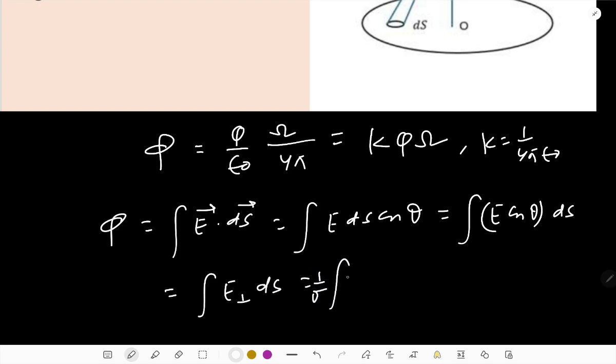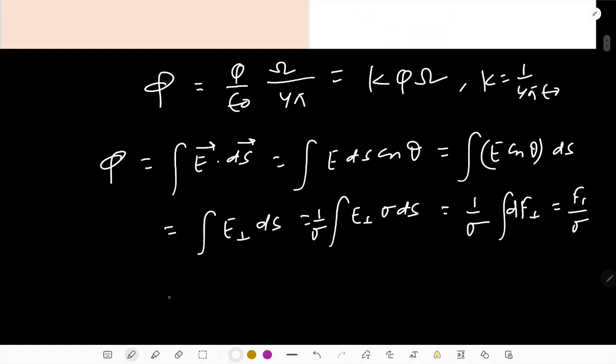Sigma is constant, so I can write it like this: E perpendicular ds, I just multiplied and divided by sigma, and this thing is E dq. So EQ is the force and sigma ds is dq, so E dq is the perpendicular force, and this is dF perpendicular. And after integrating, nothing to integrate, you can simply write it.